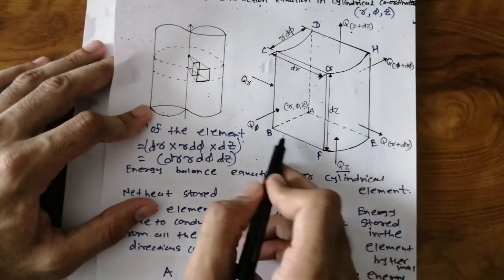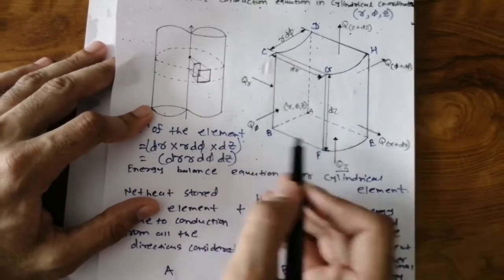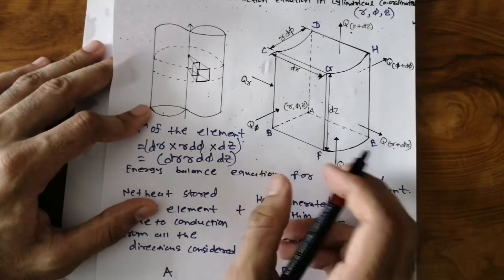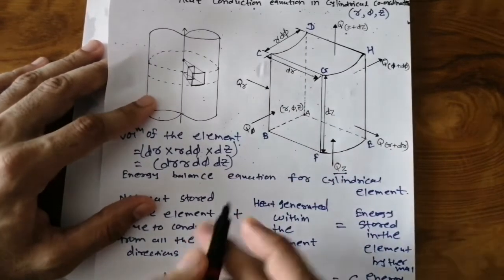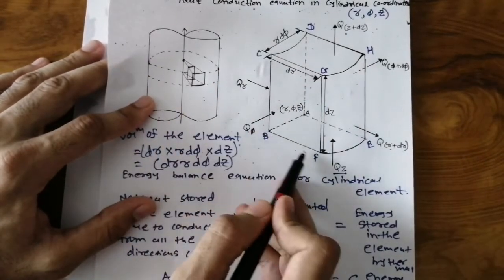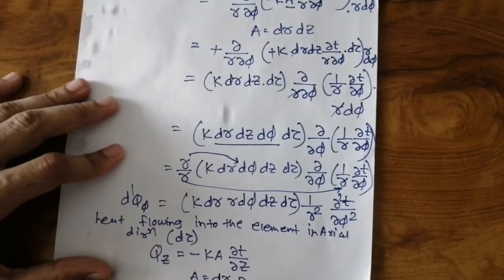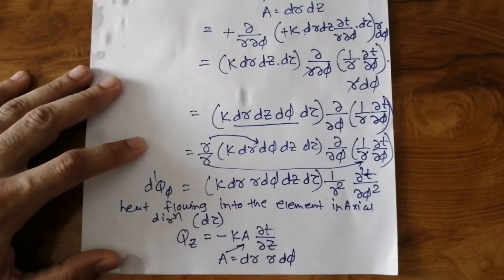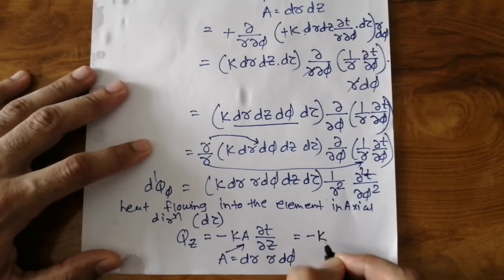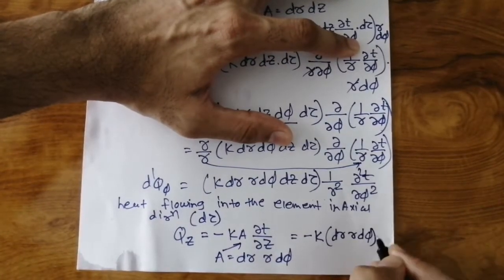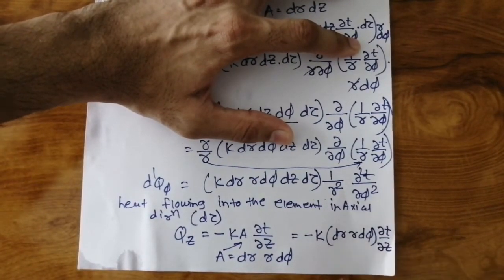If you consider the bottom of the element, which face will be considered? A, B, E, F. What will be the length here? That direction is r d5, and the other direction is dr, so the area is dr into r d5. Now we put the area here, so qz is equal to minus k dr r d5 del T by del z.